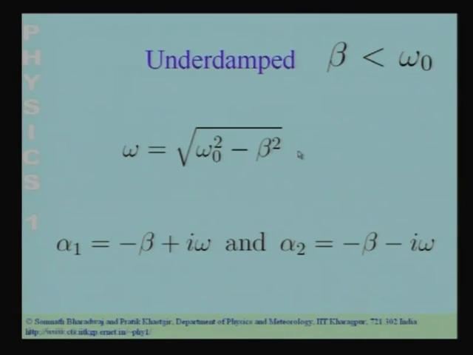So, damping causes the oscillator to oscillate slower, and if you increase the damping more and more, the oscillations become slower and slower. This is the first consequence of having damping in the oscillation. The oscillator no longer oscillates at omega naught, it oscillates at a slower angular frequency, which is related to omega naught through this expression.